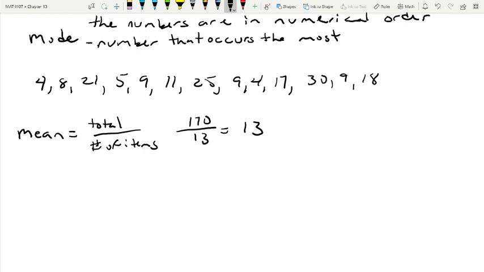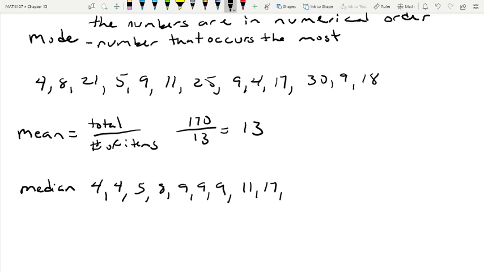Okay? The next thing then we want to find is our median. Well, to do the median, we need to take our list and rewrite them in numerical order. So 4, 4, 5, 8, 9, 9, 9, 11, 17, 18, 21, 25, and 30.